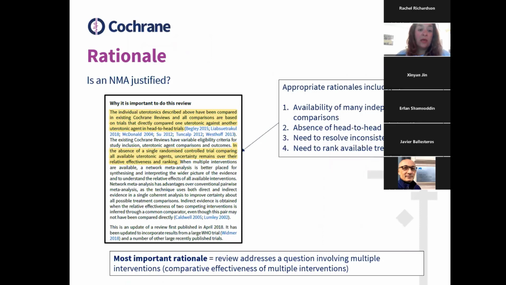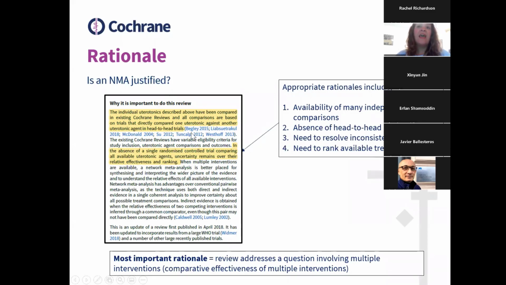So first of all, in the why is it important to do this review in the background section, they justified why they were undertaking a network meta-analysis. So you can see here the yellow highlighted text, the individual uterotonics described are being compared in existing Cochrane reviews, and all comparisons are based on trials that directly compared one against another, head-to-head trials. In the absence of a single randomized controlled trial comparing all available uterotonic agents, uncertainty remains over their relative effectiveness and ranking.